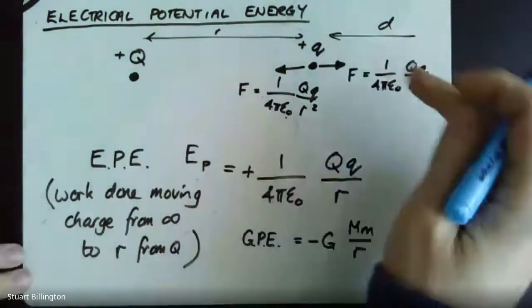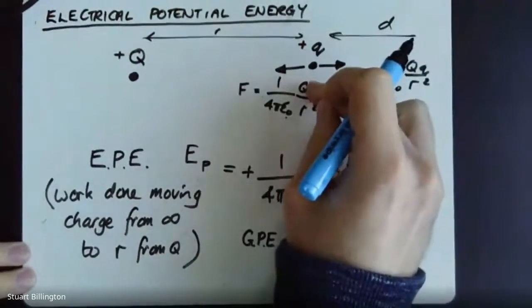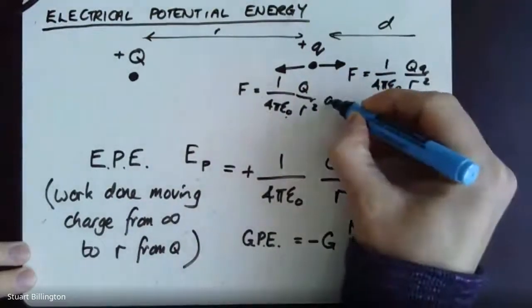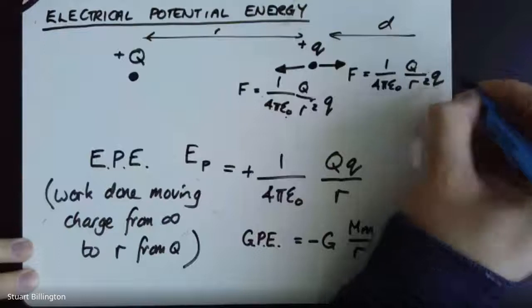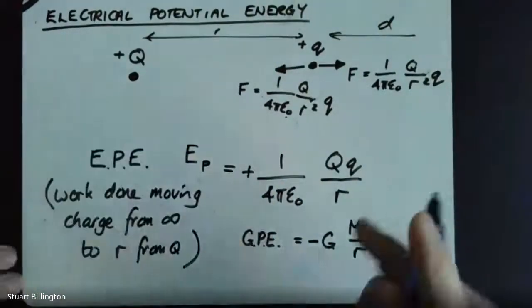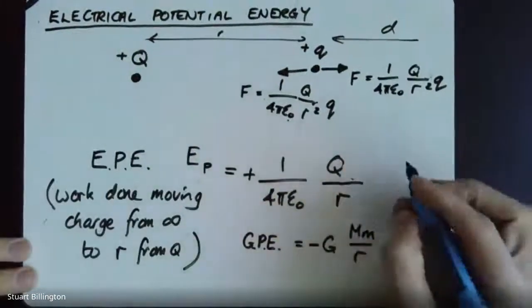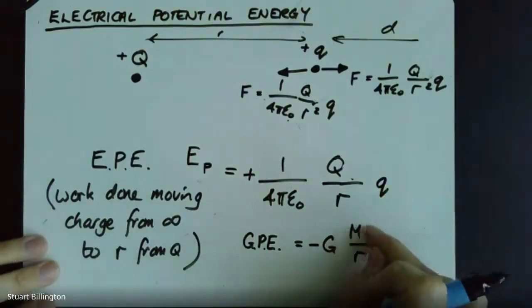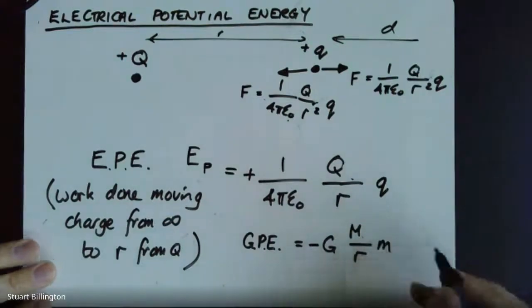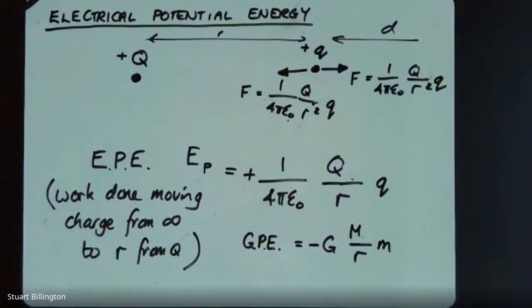So we're going to separate out the things. So again, we can put the Q down here, and we can have that Q down there. And when we go through all of the analysis, we can have this Q down here. It's just a little subtle trick to just move the Q. It's mathematically identical, and we did exactly the same thing in the gravitational potential energy formula as well.